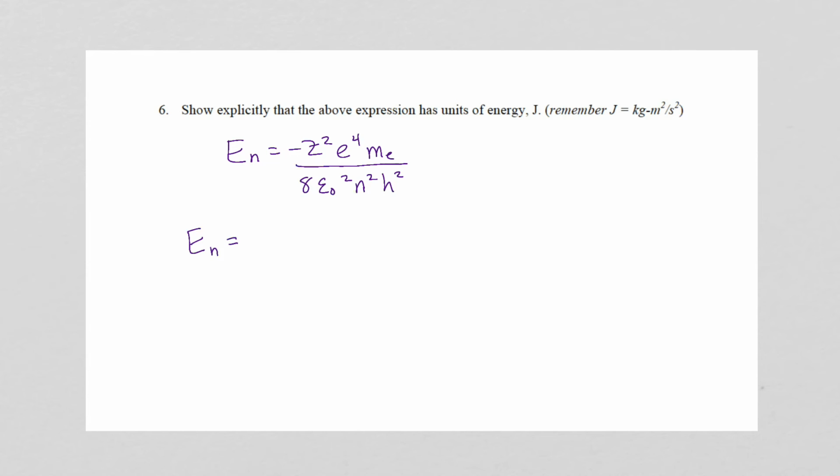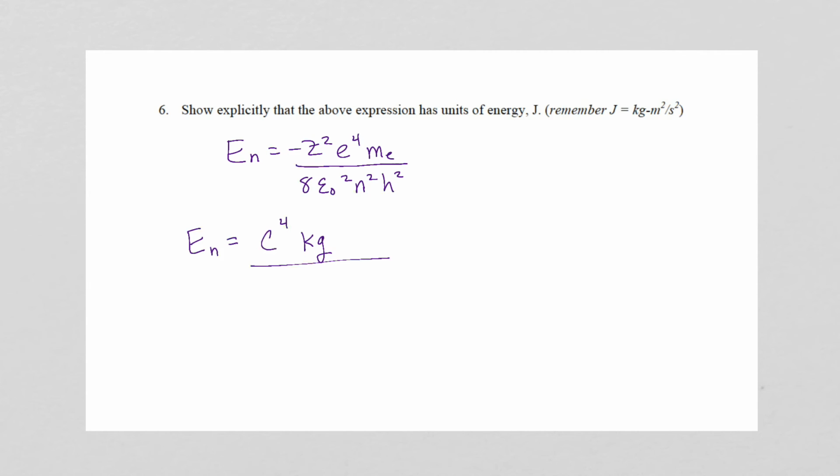All right, so units on Z, no units, nice and easy. Units on our elementary charge, we know from before those are coulombs, so we'll get coulombs to the 4th power. Units on our mass, we get kilograms, and that's it for our numerator.